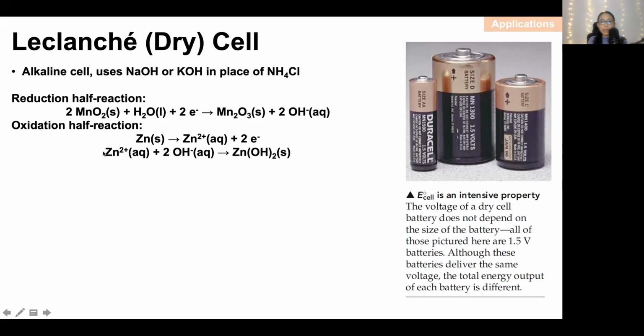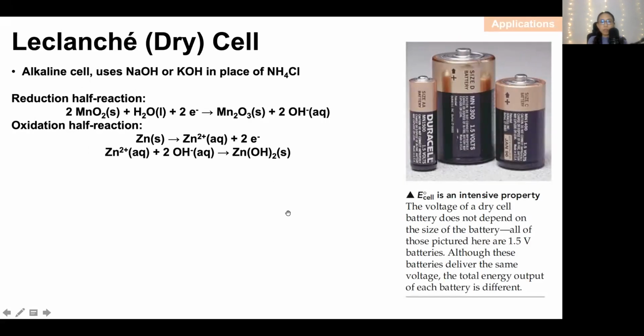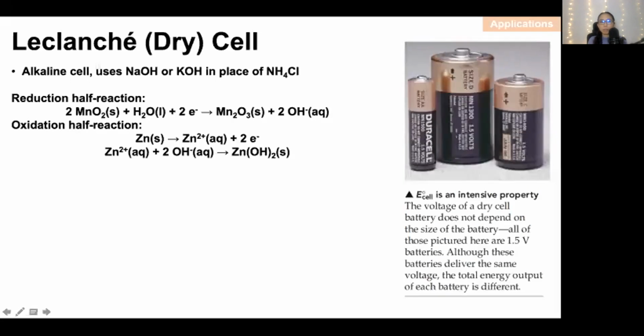But the difference is that the zinc ions produced in your oxidation half reaction react with the generated hydroxide ions in your reduction half reaction. So you create this solid zinc hydroxide. And because of this, you don't have a buildup of ammonia gas, and zinc also does not dissolve because the medium is basic instead of acidic.